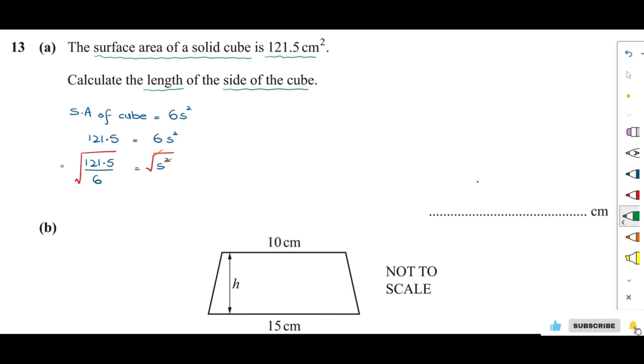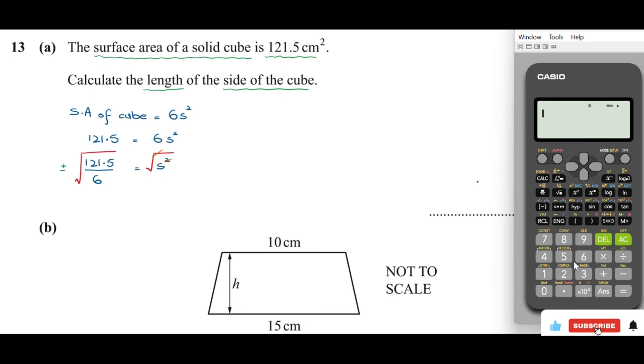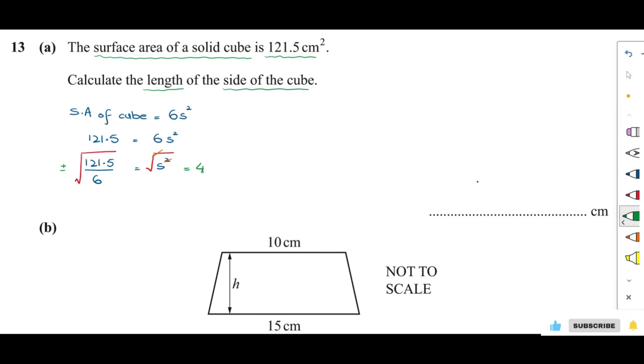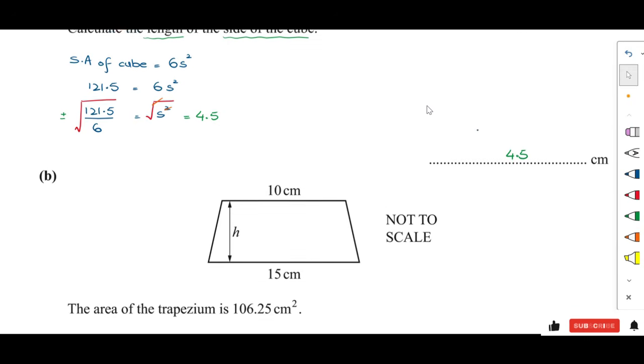The square root gives plus or minus, but we take only the plus because length is a dimension and never negative, right? Use a calculator and simplify. What is the square root of 121.5 divided by 6? That is 4.5. So 4.5 is the length of the side of the cube.